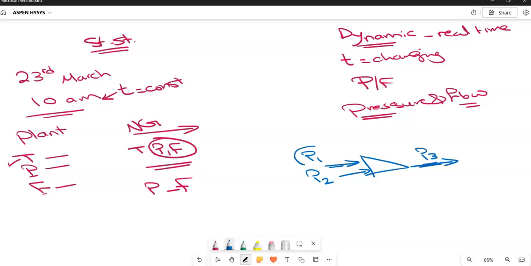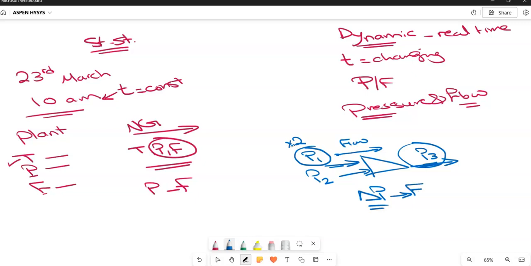So if I increase the pressure over here, like I multiply it by 2, the pressure is increasing here, which means it is pushing the flow in this direction. This will for sure affect the flow over here. So by increasing the pressure or changing the delta P, the pressure difference or the pressure drop over the unit operation, this will affect the flow.